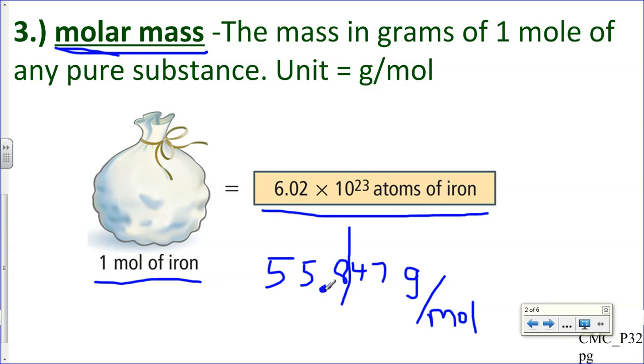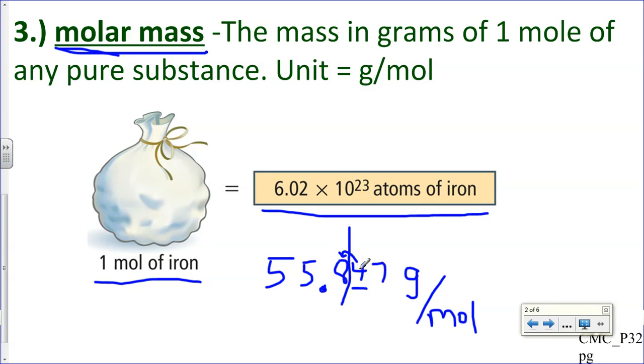So 55.8, does it stay at 55.8 or does it change to 55.9? Well, if you remember your rounding rules, you have to look at the number that follows where you want to stop with your rounding. So the 4, does that change the 8? No, it does not. 0, 1, 2, 3, 4 will not change the number in front.